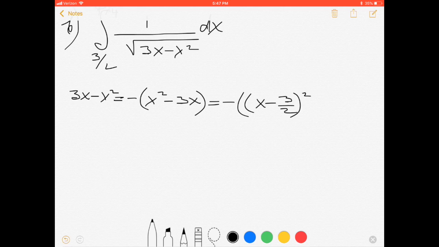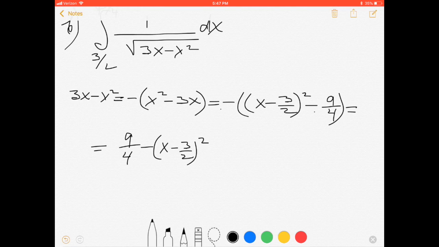All of them squared, and subtract a constant, because we don't have a third term, it will be 9/4. Open the outside parentheses, we have minus 9/4, which gives us 9/4 minus (x minus 3/2) squared.